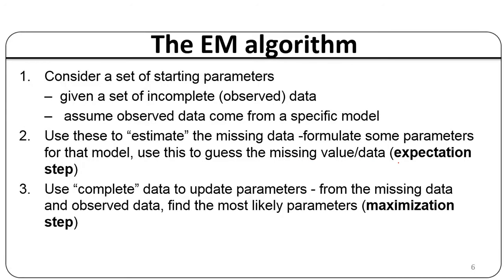The next step is the maximization step. The missing value which we calculated, we are going to use in the place of the missing value, and then check whether the newly calculated data most likely suits the missing data optimally. If it matches perfectly, then we are going to stop.